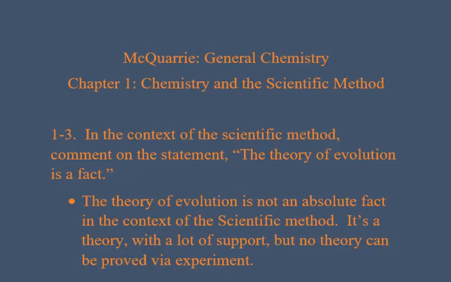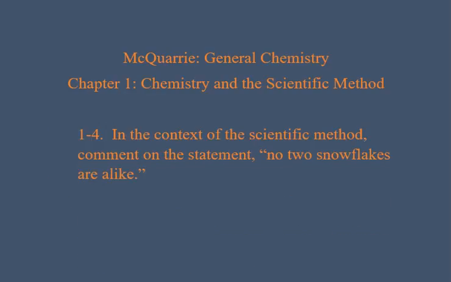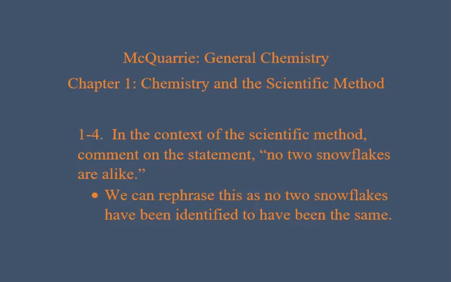All right, so our last question in this segment, 1-4. In the context of the scientific method, comment on the statement, no two snowflakes are alike. We can rephrase this based on theories and scientific methods to be, no two snowflakes have been identified to be the same.